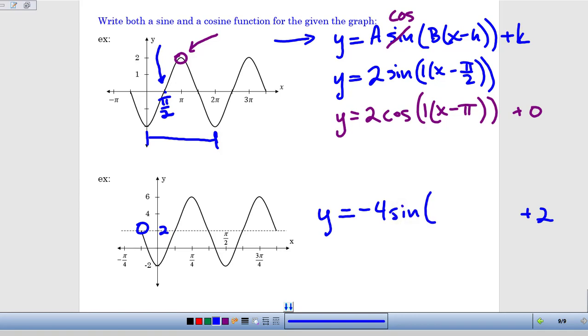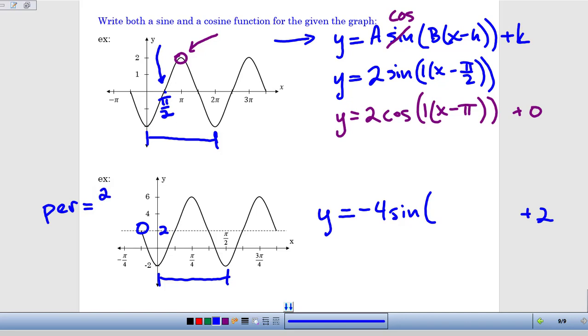So then we've got sine, have to determine what the value of b is going to be. So we've got to look there, we've got to determine what the period is. And so if we again look at an easy spot here to get from bottom to bottom in our function, we're traveling a distance of pi over 2. That does not mean that b is pi over 2. That means the period is pi over 2.